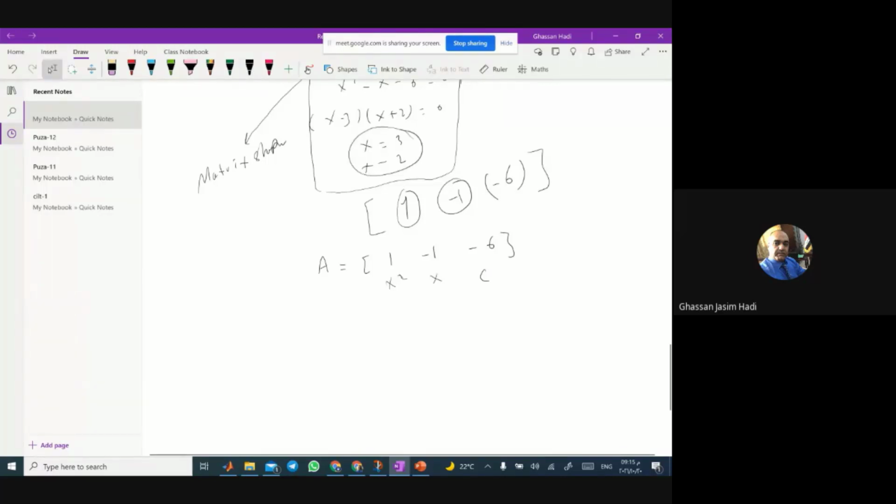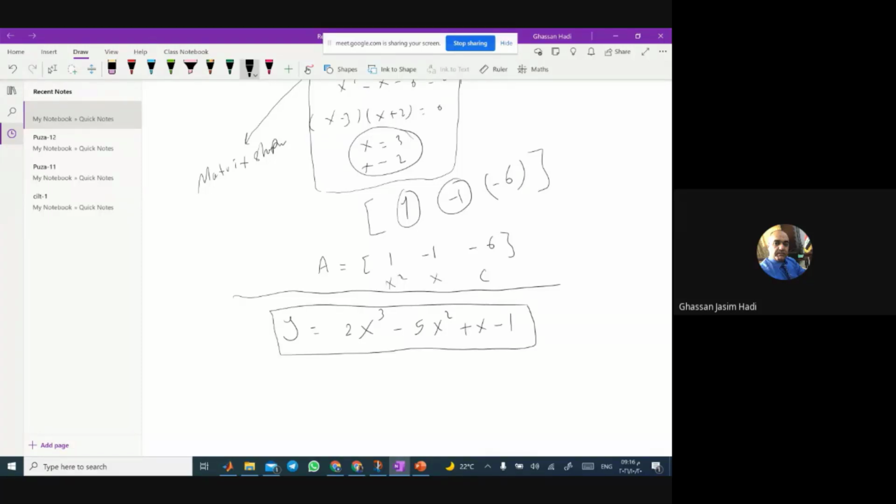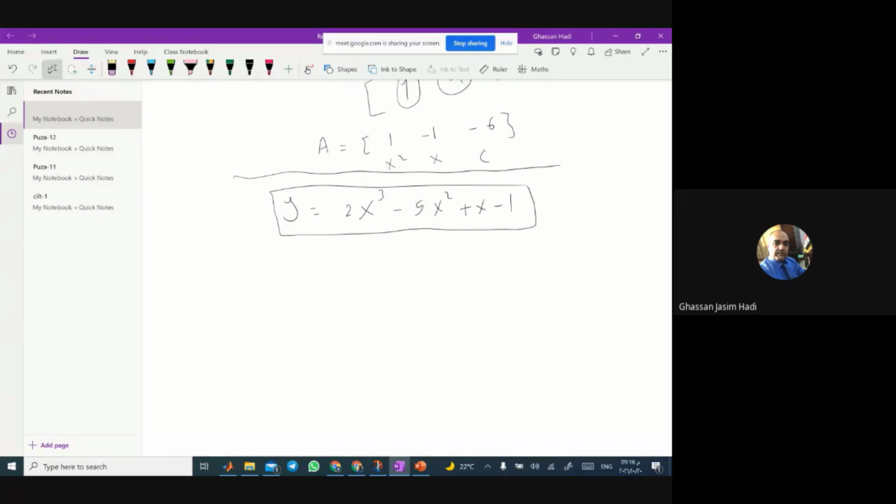Okay. Now let's take another example. If we have y, for example, equal 2x cubic minus 5x squared plus x minus 1. Now, what will I do? Anybody tell me?